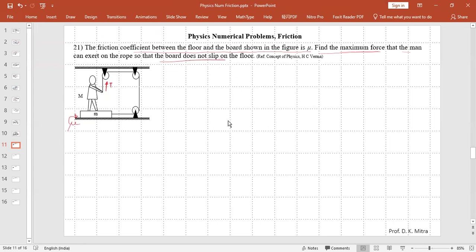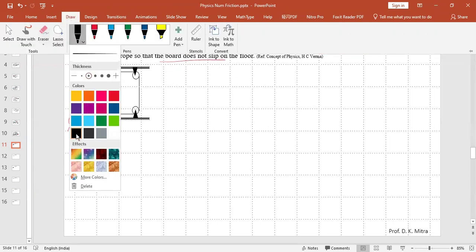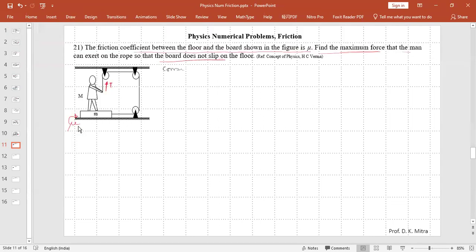Let's consider the free body diagram of the man. Then what happens?